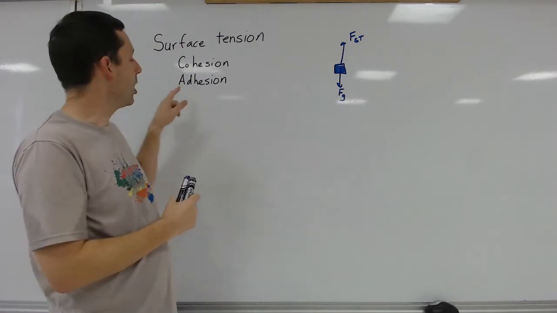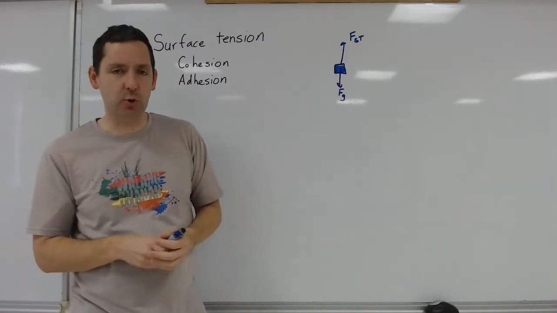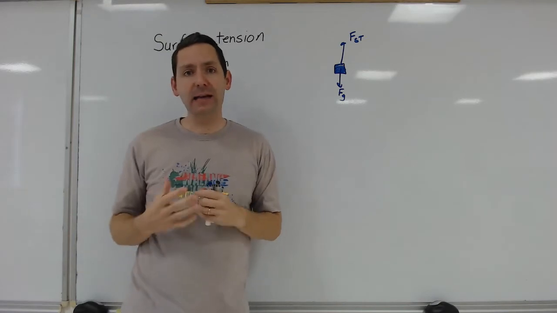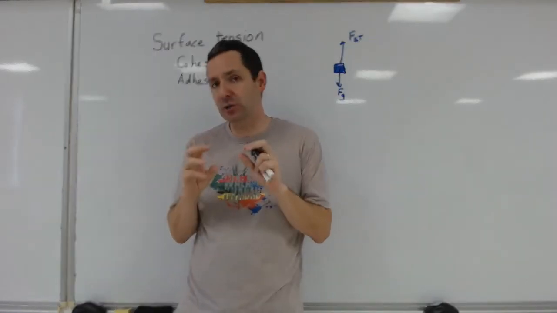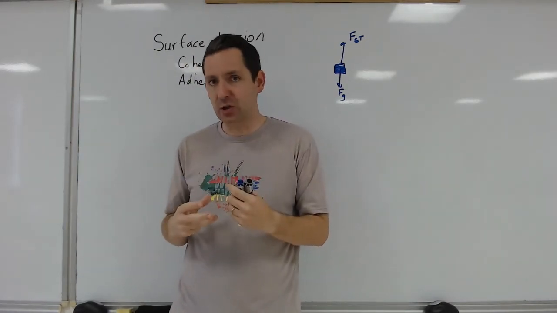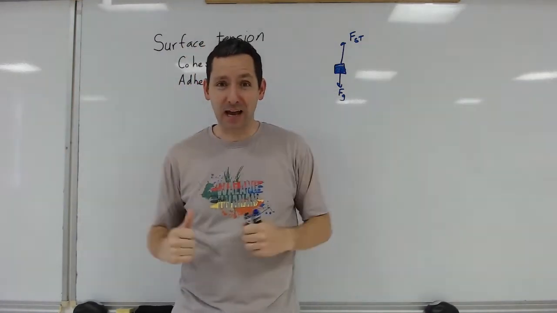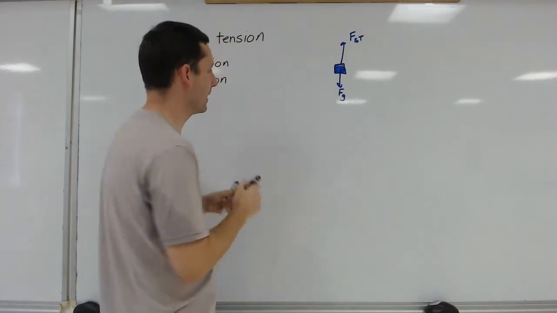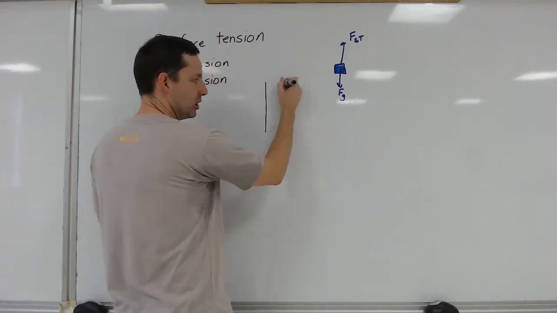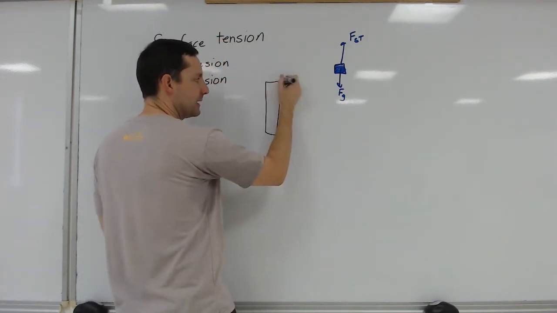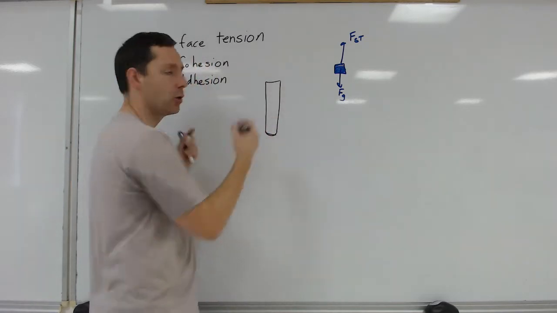All right. We also have something called adhesion, or adhesive forces. Adhesive forces are forces between molecules in different objects. And so that's between the water and the metal of the paperclip, or the water and the side of the glass. You may have seen this before. And again, if you think back to your chemistry days, whenever you looked in a test tube, what did you see?